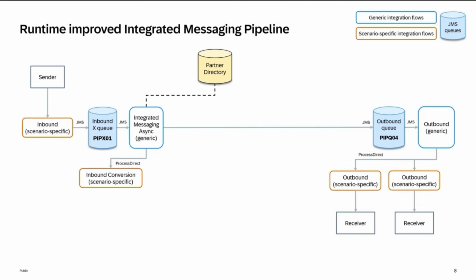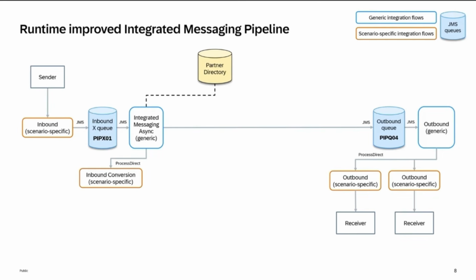So the message comes in, is written into this inbound queue, and then this integrated messaging async pipeline reads the message, would check if there is an inbound conversion required, would read one XSLT and combine XSLT, where we do both receiver determination and interface determination, and then split up the result of this mapping, and then send the messages to the last queue, right?